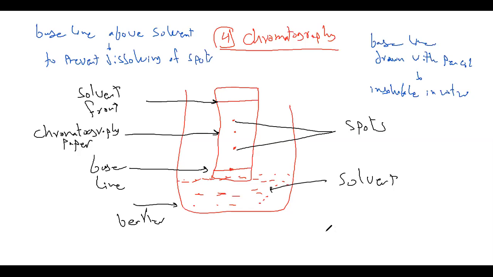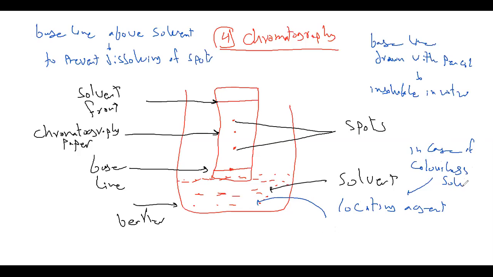Then we sometimes add a locating agent in case of colorless solutions. Why? To see the spots more clearly, to be more visible.